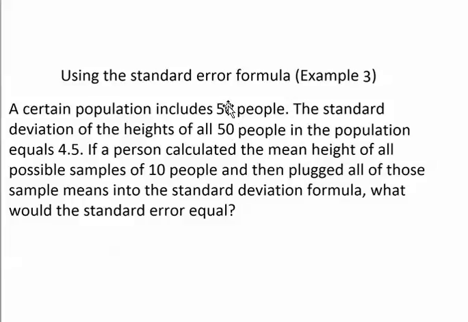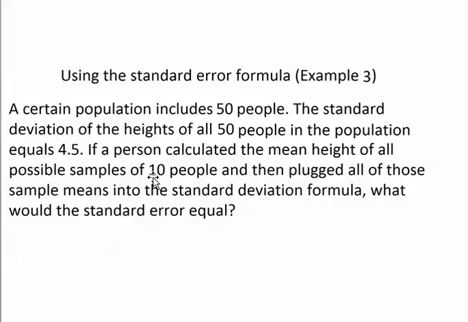And to use the standard error formula, we just need 3 pieces of information. We need to know the population size, the population standard deviation, and the sample size. So the population size is 50 because the population has 50 people. The population standard deviation is 4.5. That's the standard deviation of all 50 heights in the population.